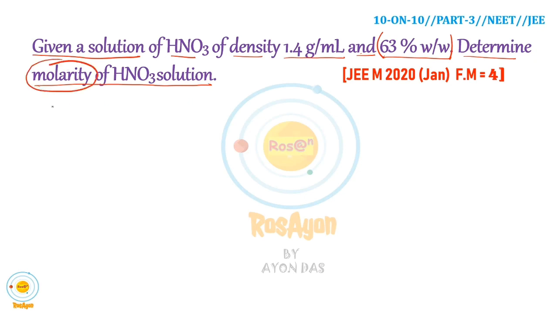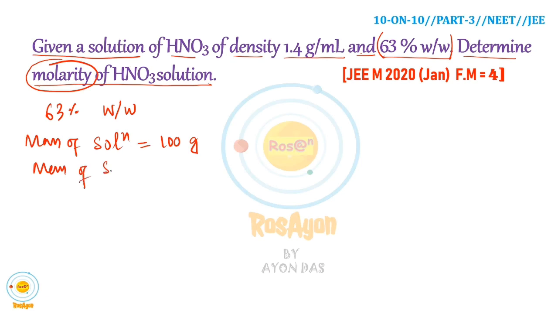Now the concentration of the solution is given as 63% weight by weight. That means if the mass of solution is equal to 100 gram, then the mass of solute is equal to 63 gram, and you have to determine the concentration of the solution in molarity.